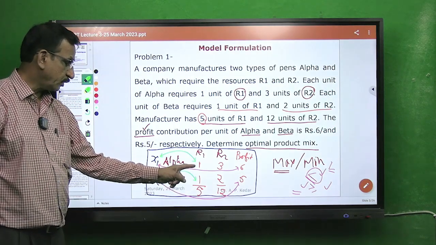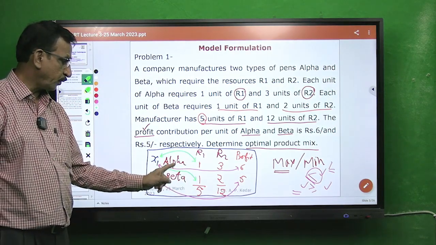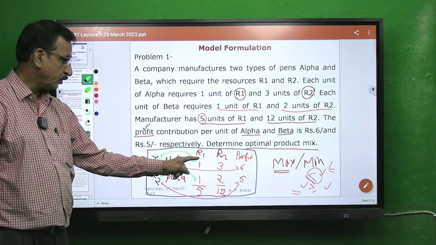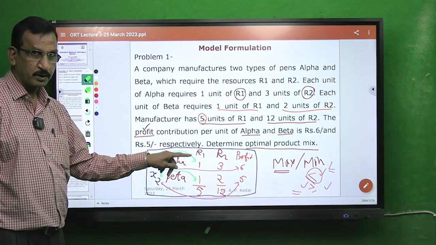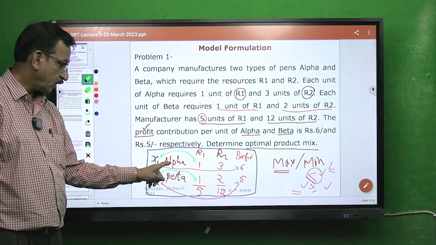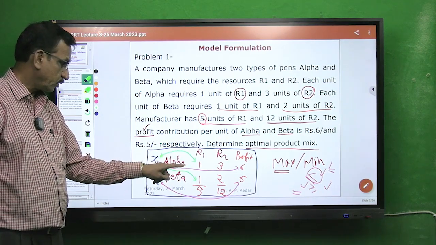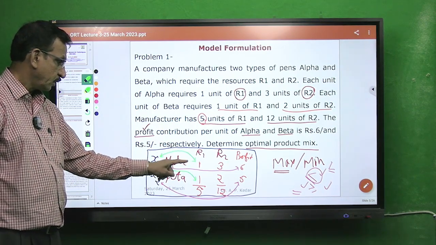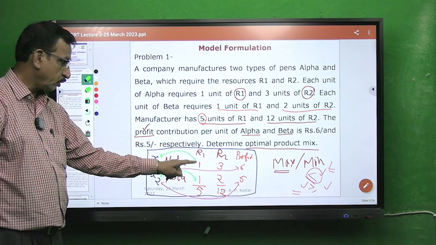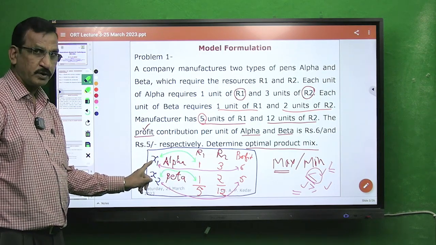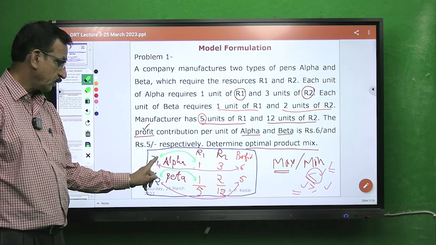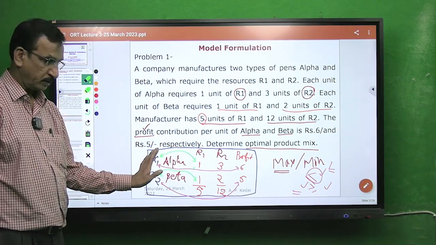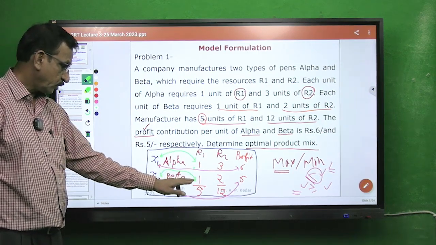It is given for 1 unit of alpha you need 1 unit of R1, you are producing x1 units. So proportionality condition for alpha pane, for 1 unit you need 1 unit of R1, for x1 units you will need x1 into 1, that is x1, here also x2.